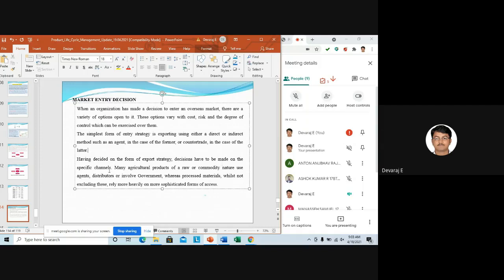Okay, so having decided on the form of export strategy, decisions have to be made on specific channels. So if a company decides that it should sell its product in foreign countries like Australia, it should go with some strategy. In further slides you can see the strategies. Many agriculture products of a raw or commodity nature use agents.